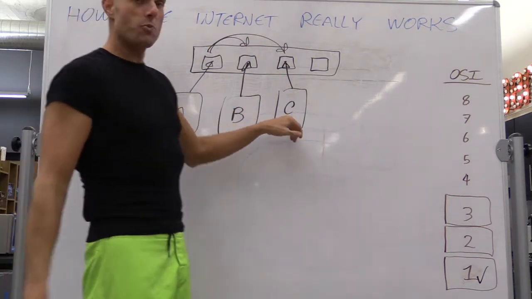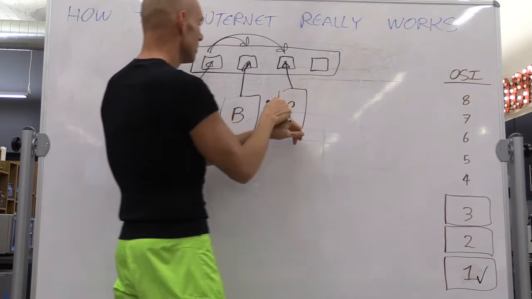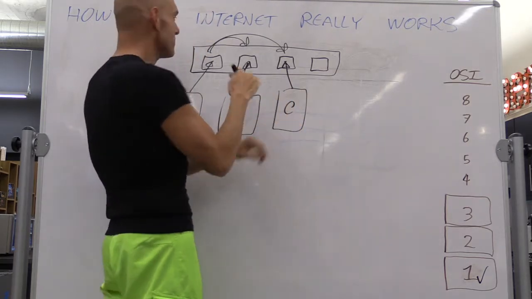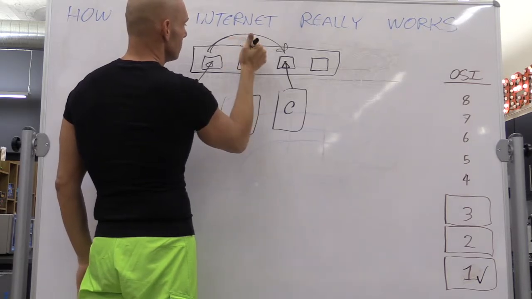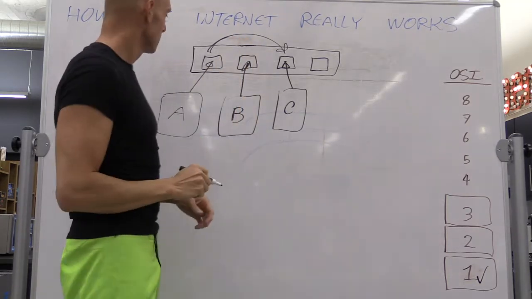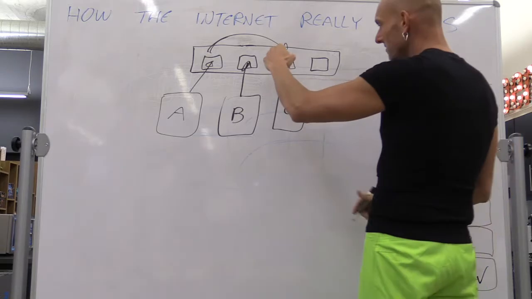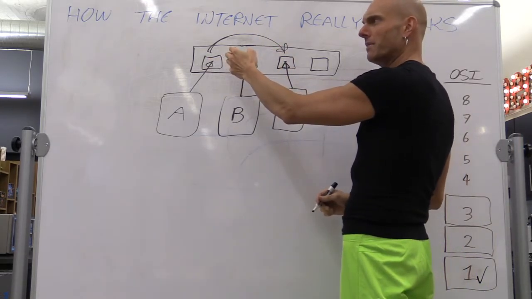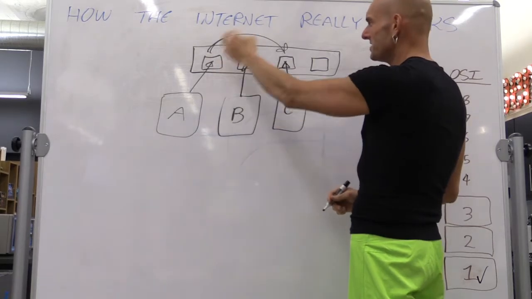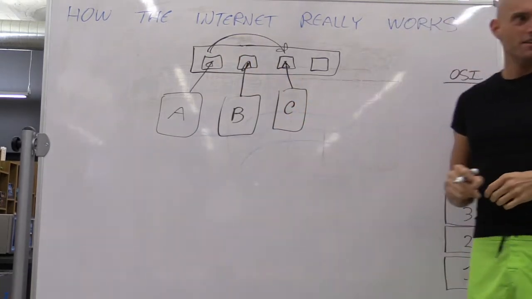And then when C responds, the switch learns, A was talking to C. So now next time A sends a follow-up packet, the switch now knows where to direct it. And A sends that packet, or that piece of data, that is a frame, yes? Frame. Yep. It sends that frame just to C.